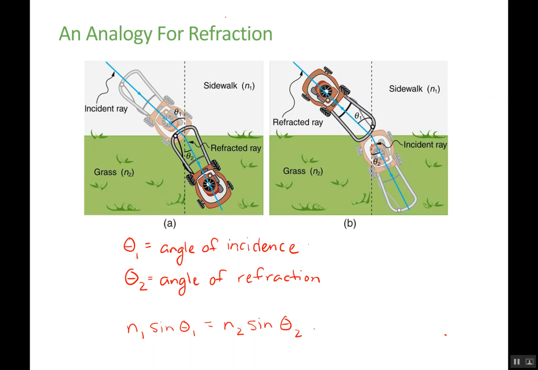The index of refraction of the first material, n1, times the sine of the angle of incidence, theta 1, equals the index of refraction of the second material, n2, times the sine of the angle of refraction, theta 2. n1 sine theta 1 equals n2 sine theta 2. So we can use this equation to make predictions about what a light ray will do when it travels from one material into another if we know the angle of incidence and we know the indices of refraction of the two materials.